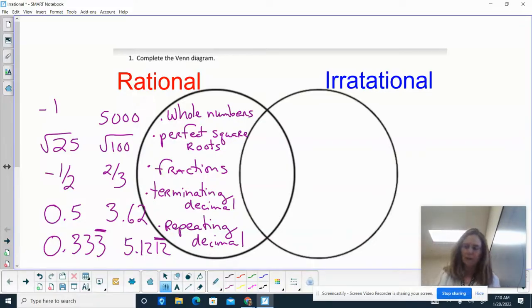So let's look at our examples of irrational numbers. All right, first we have our non-perfect square roots.